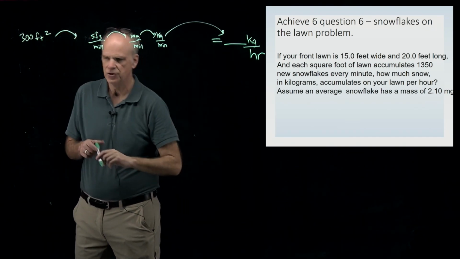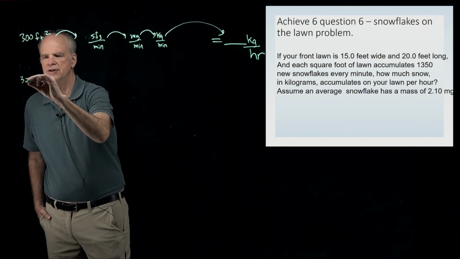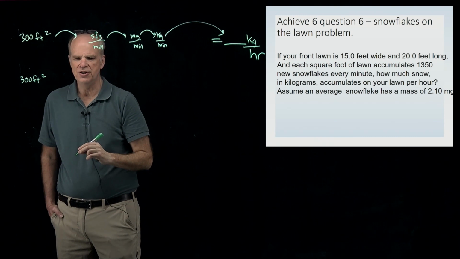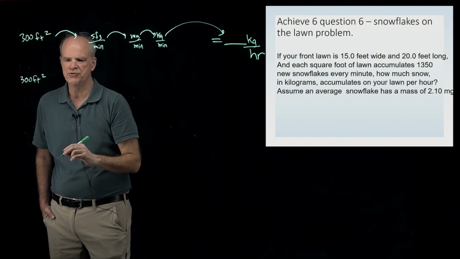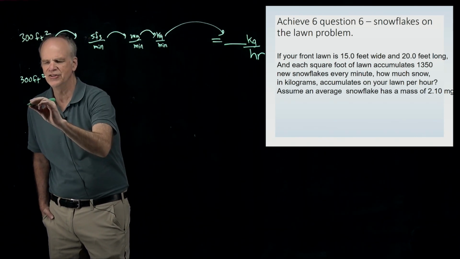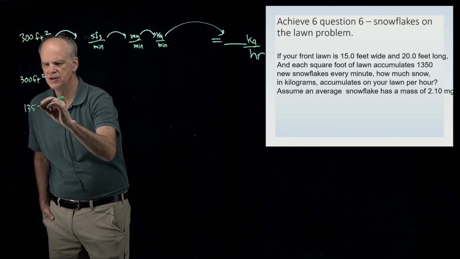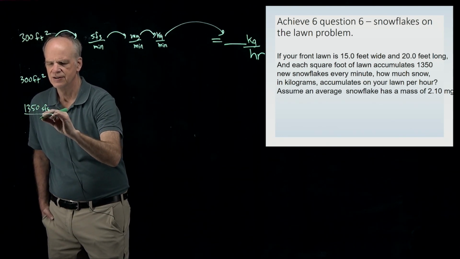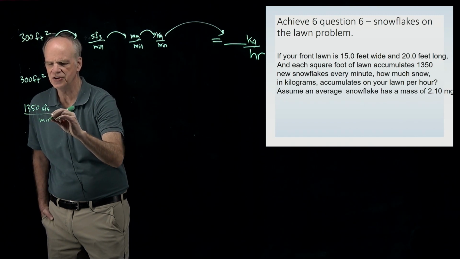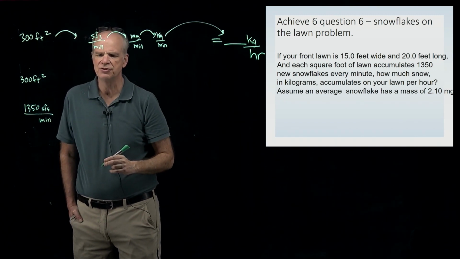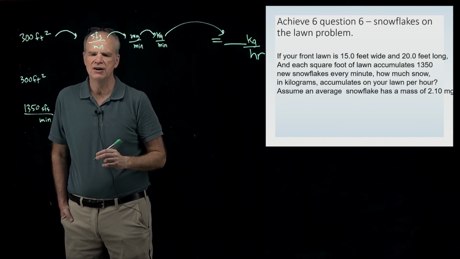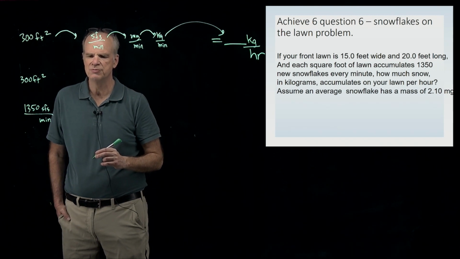Okay, so we have 300 feet squared of lawn. And so notably, we have that conversion there. It's 1,350 new snowflakes per minute. Now, there's something else I want you to see. So let me read the full sentence there. It says, and each square foot of lawn accumulates 1,350 new snowflakes per minute.